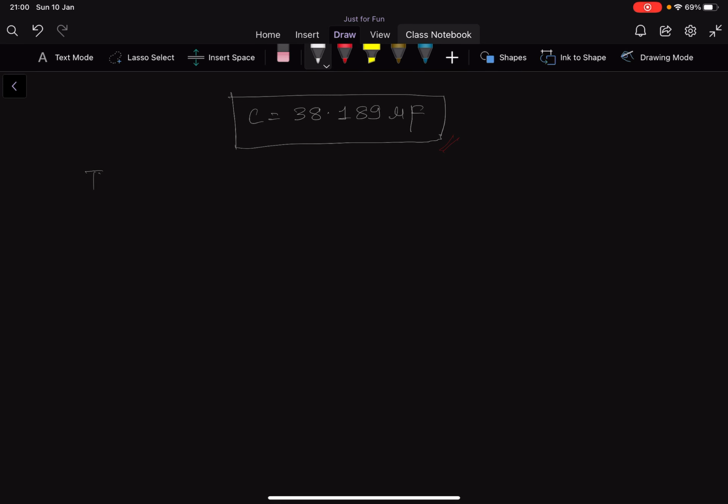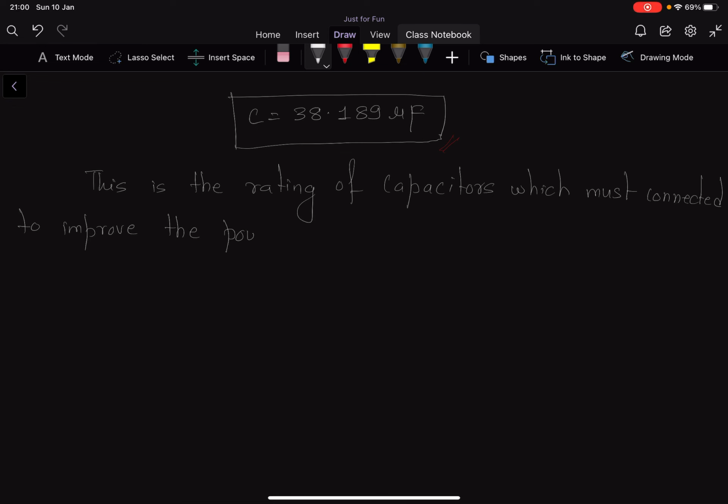This is the rating of the capacitors, or I would say 3 capacitors, which must be connected to improve the power factor from 0.8 to 1.